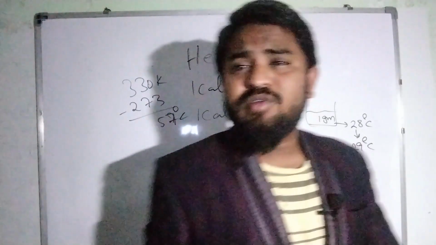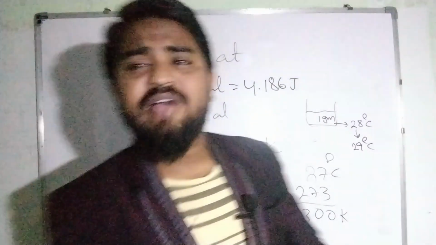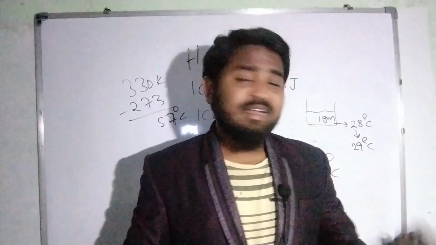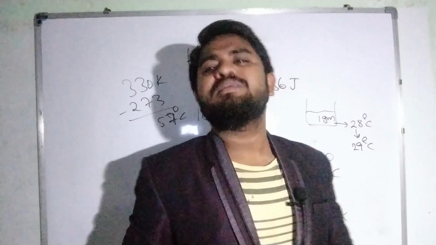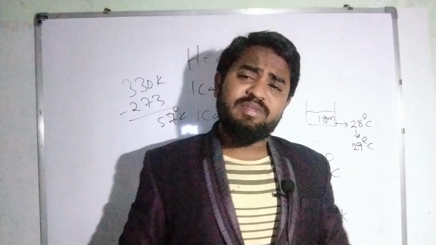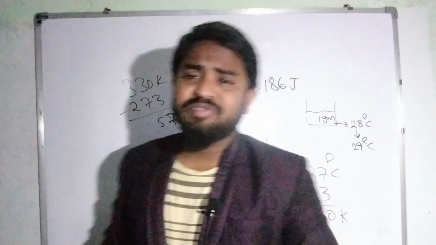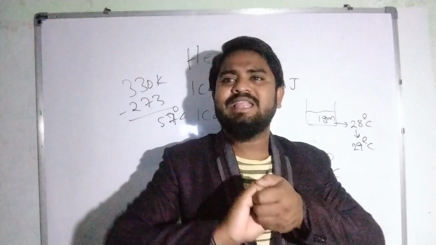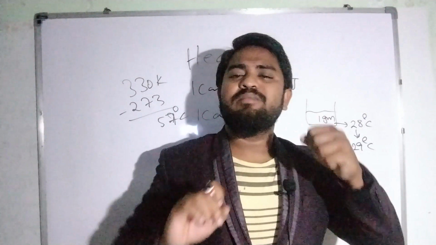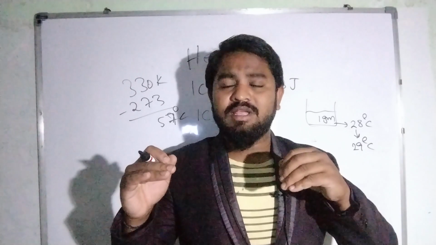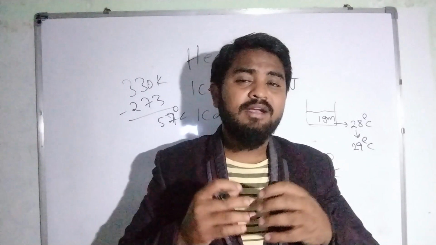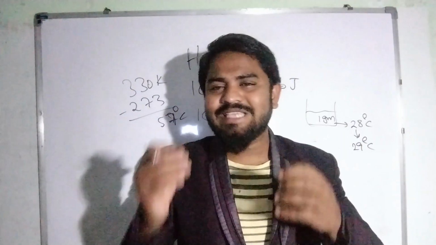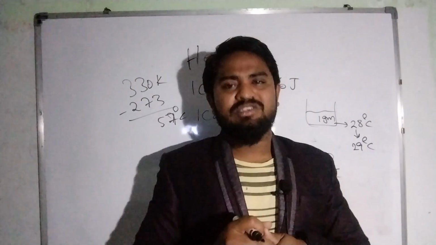Next, one more thing that we have to discuss here: thermal equilibrium. Thermal equilibrium means when you have two objects in thermal contact, heat energy will flow from the high temperature body to the low temperature body until both of them reach the same level of heat energy, right?